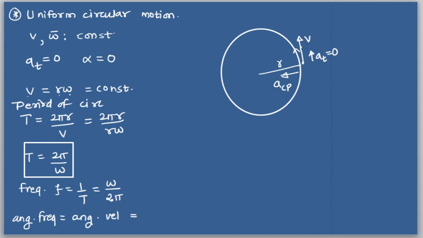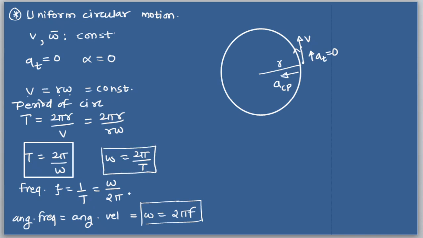Omega is equal to 2 pi f. f is equal to omega upon 2 pi, and omega is equal to 2 pi f. Always remember this. These are the relations applicable for uniform circular motion. Similarly, in terms of time period, omega is equal to 2 pi upon T. These are the relations which we already know, right?